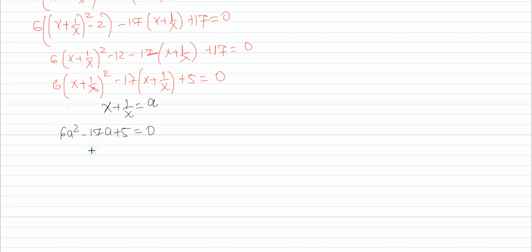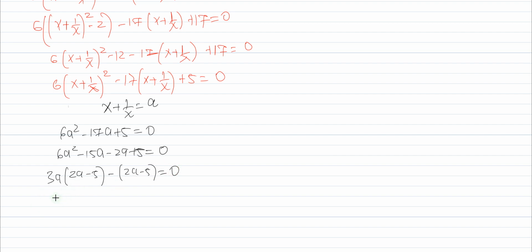This is a quadratic equation. You can solve it using the formula or just by factoring. I'm going to split the middle term: 6a squared minus 15a minus 2a plus 5 equals 0. So I factor 3a times (2a minus 5), minus 1 times (2a minus 5), equals 0.